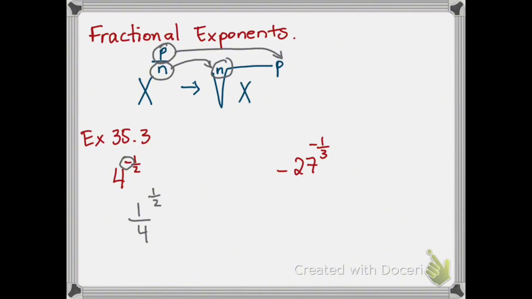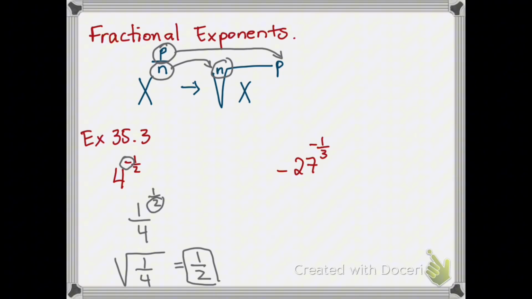Now we want to get rid of the fraction. So we're going to write it as a square root. Now notice that 2 is here. We don't write it because we don't write the index for the square root, but that's what it is. So the square root of 1/4 is 1/2. And that's our answer.